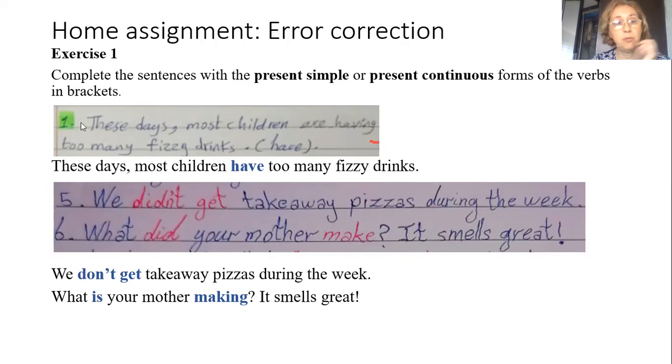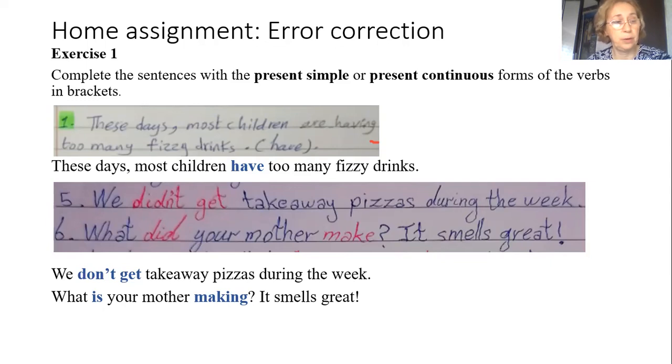Here are some sentences from the students' papers. In the first sentence the student has written: These days, most children are having too many fizzy drinks. First of all, we don't use the verb to have in the continuous form. We were speaking about this at our previous class.